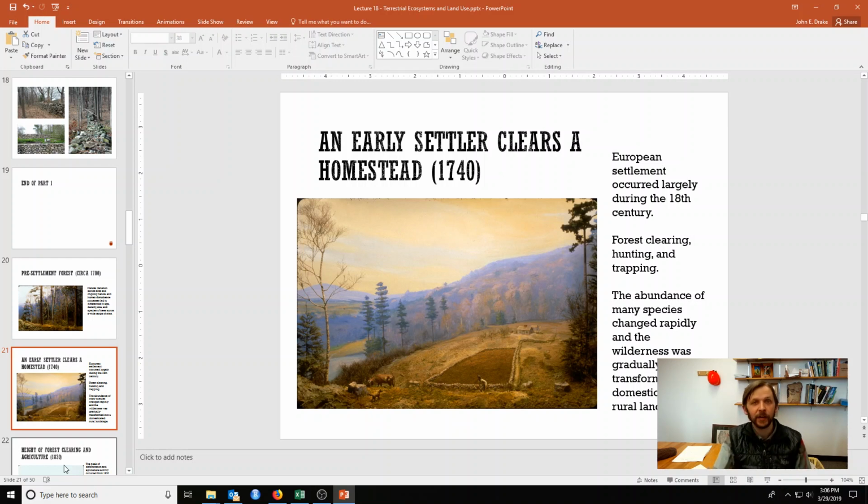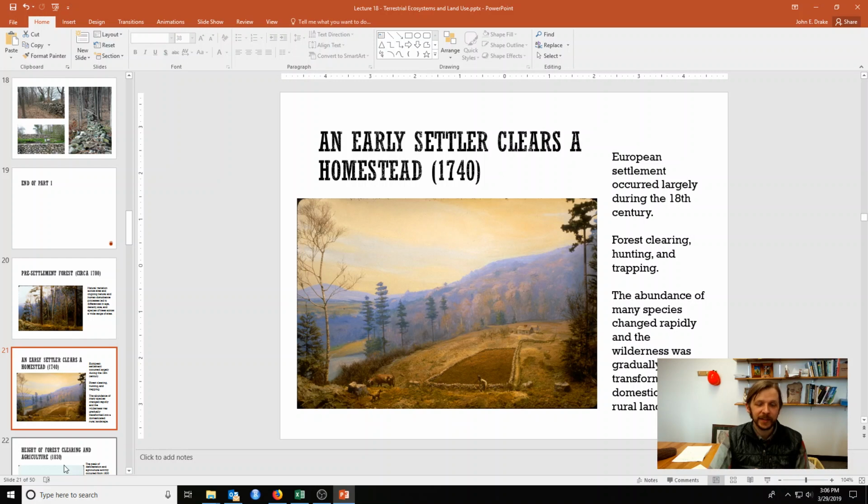And you can see a farmer here in this diorama has cleared the native forest and has moved much of the rocks that were present in the soil and created rock walls around his cultivated field. And again, he's not trying to really create a wall around his field. He's just trying to get the rocks out of that soil, and it's a convenient source to create a rock wall.